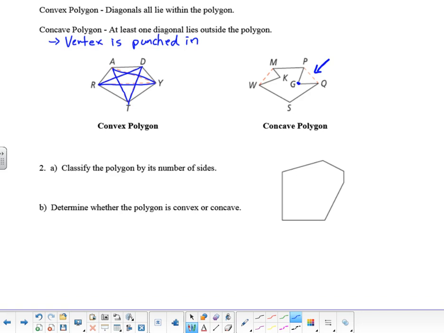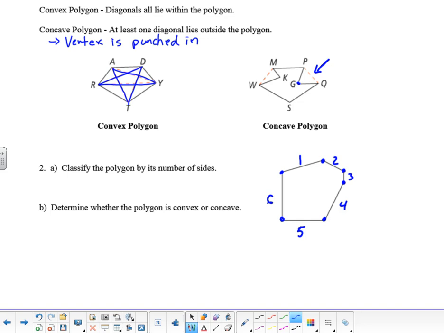All right, and then as an example, let's classify the polygon by its number of sides. So we look at this and we say 1, 2, 3. I'm just looking at the vertices here to determine the sides. 1, 2, 3, 4, 5, 6.